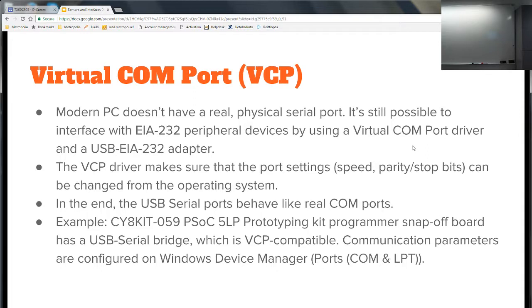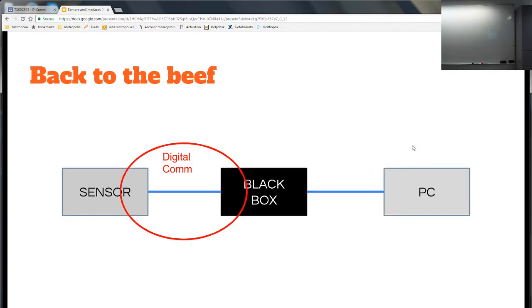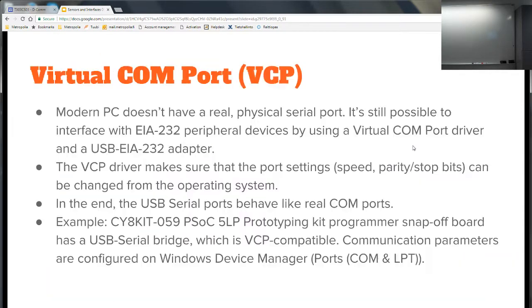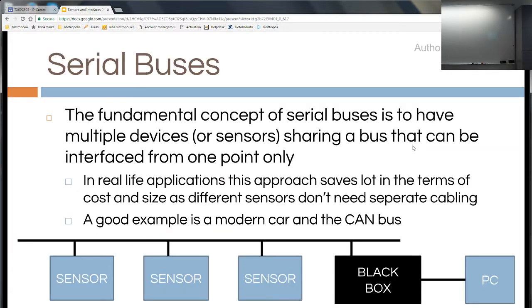It's programmed using that USB port there, but it's also a USB bridge. It looks like a serial port if you just connect the pins. Yes, virtual COM port. And that's basically what we will be checking in next week's exercise.